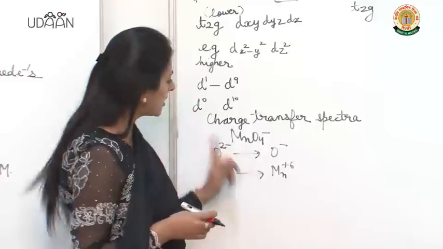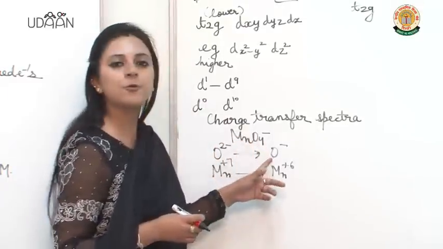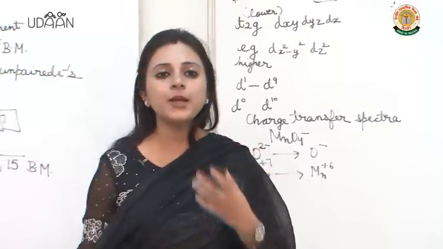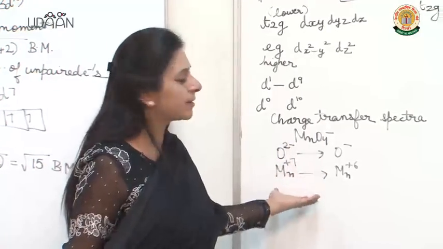So the color of MnO4 minus is due to the charge transfer from oxygen to manganese.